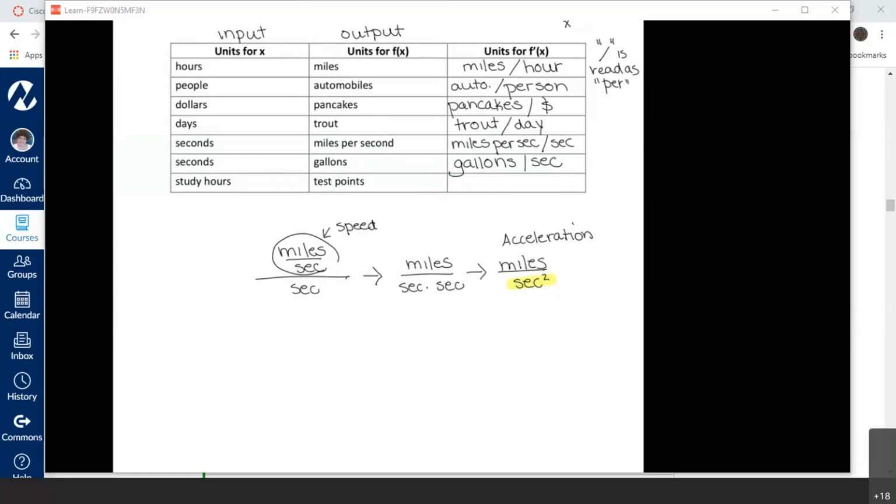Again, output units divided by input units. Test points per study hour? Yeah, test points per study hour. In other words, maybe somebody is trying to do some research on whether or not there's any difference in how many points you earn on a test depending on how many hours you study. So how many test points per study hour.